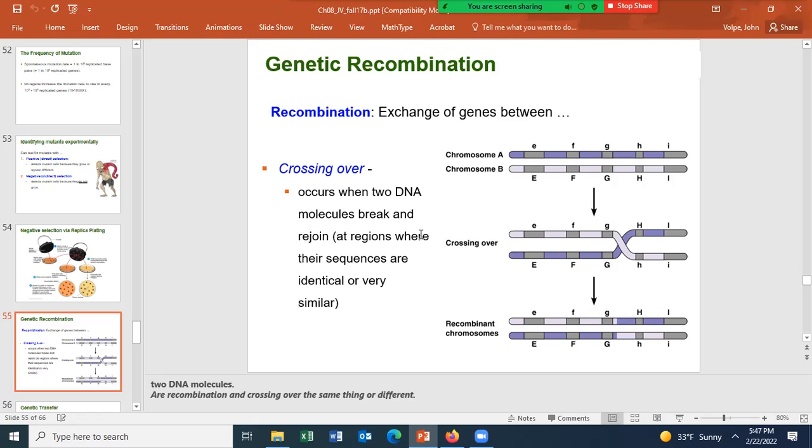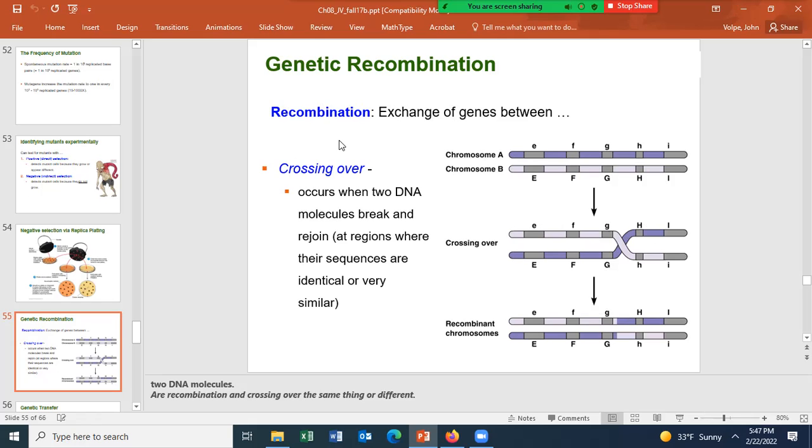Recombination and crossing over can be the same, meaning whenever you have crossing over occurring, that leads to recombination, an exchange of genes between two DNA molecules. However, recombination is a little more general than crossing over. And you can have recombination occurring without crossing over occurring.